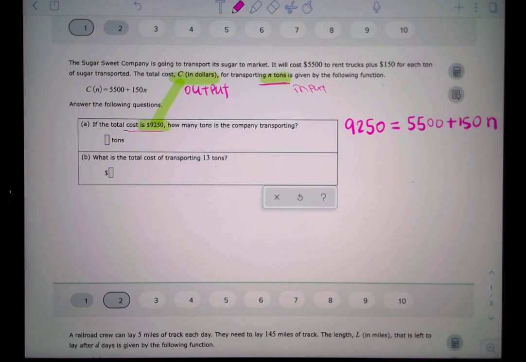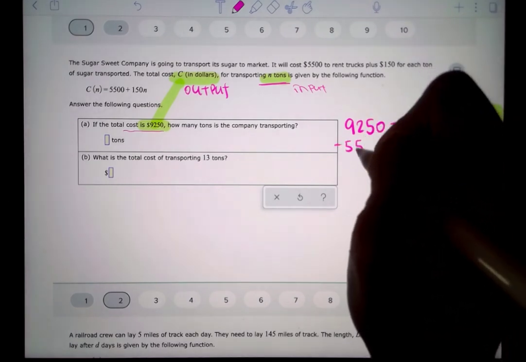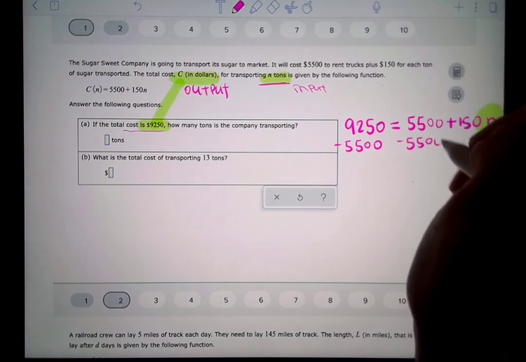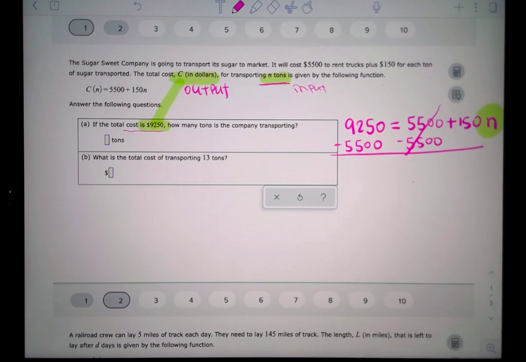You know how to solve this linear equation, right? We need to find n, so we isolate the other values. Minus 5,500 on both sides, they cancel.